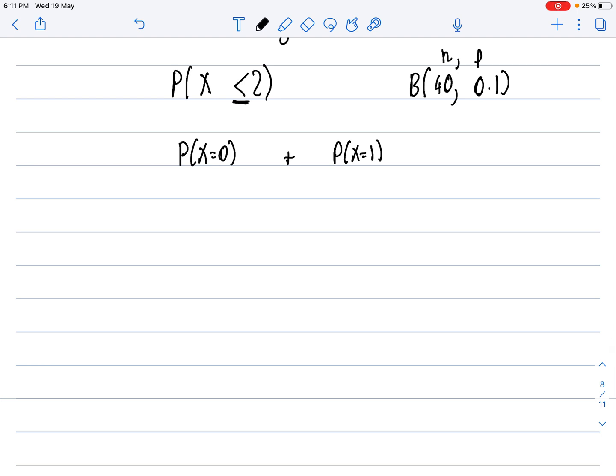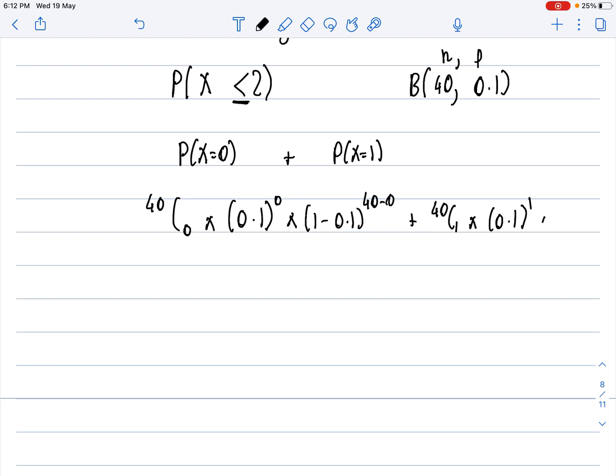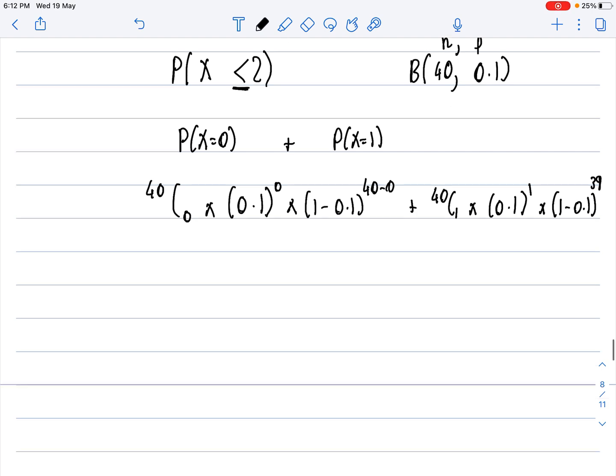So for 0, I need 40 c 0 into 0.1 raised to 0 into 1 minus 0.1 raised to 40 minus 0, plus 40 c 1 into 0.1 raised to 1 into 1 minus 0.1 raised to 40 minus 1, which is 39.